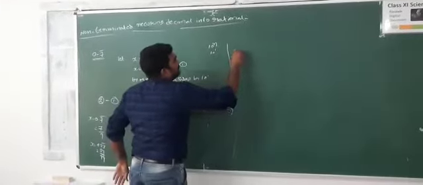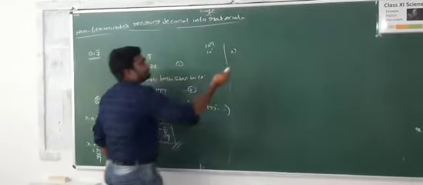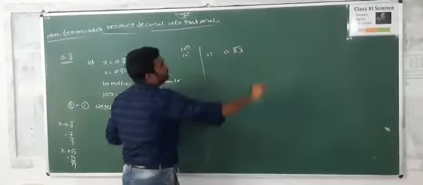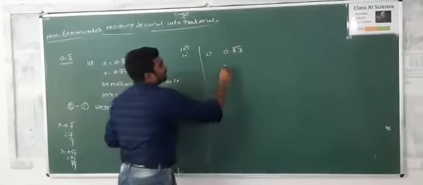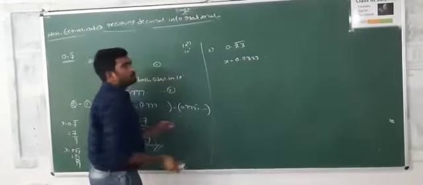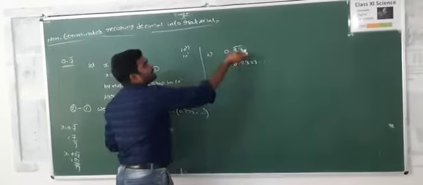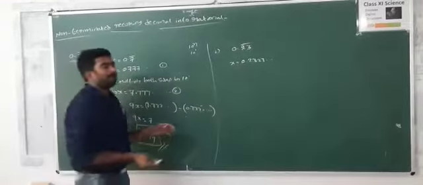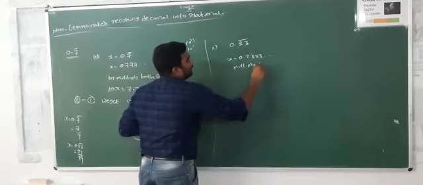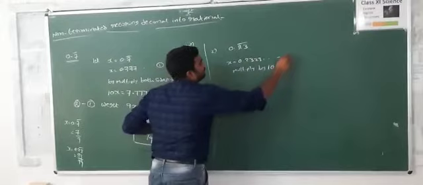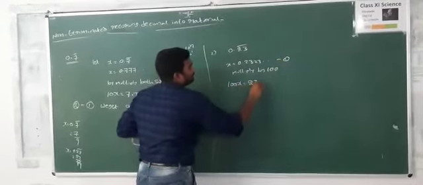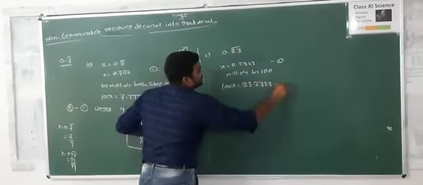Take this as another example. 0.23 bar. Take x equal to 0.2323 and so on. Two digits are repeating, so multiply by 100. Then 100x is equal to 23.2323 and so on.